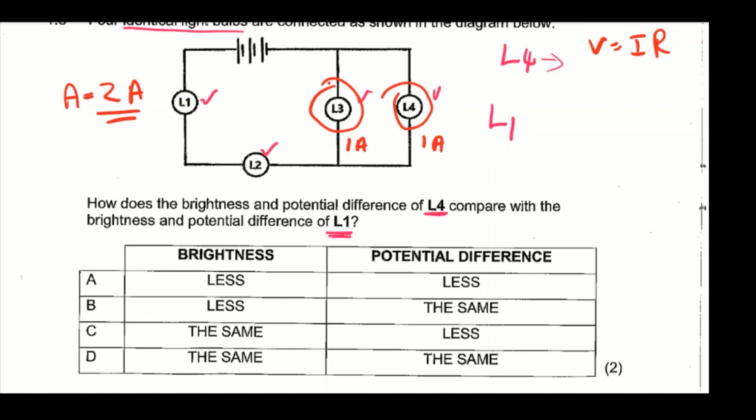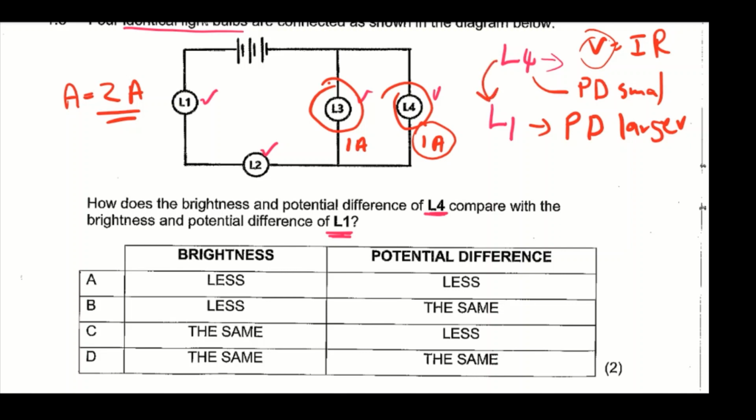So for the fact that this one would have 1 ampere of current, it means that the voltage will be smaller. The potential difference of this one will be small compared to the potential difference of L1. L1's potential difference would be larger compared to L4, right?